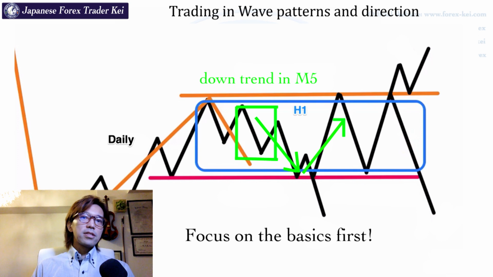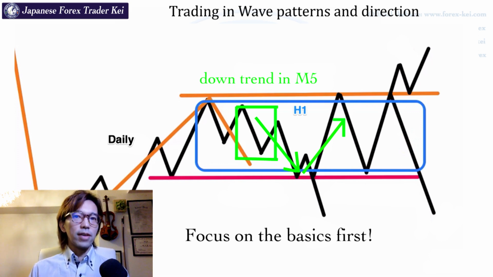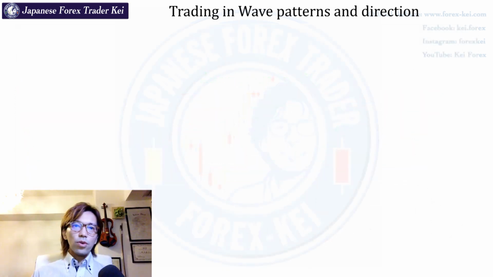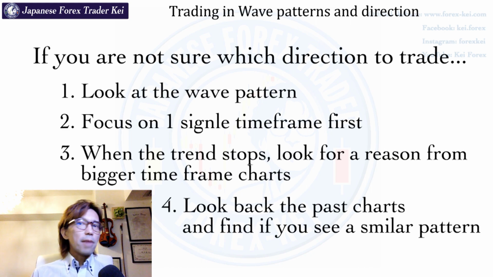I think this is very basic, but I found traders forget about basics and tend to look for some techniques, and that's why I recorded a video like this today. So if you're not sure of which direction to trade, first look at the wave pattern in your favorite time frame and just focus on one single time frame first and try to read the wave pattern, whether it's lower high, higher high, or vice versa.